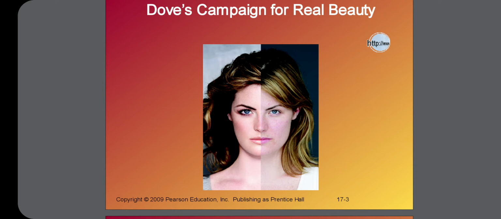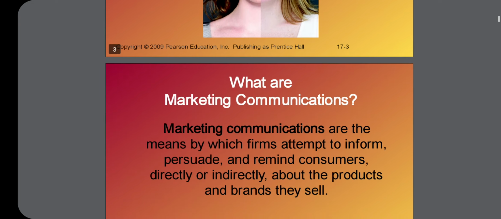That's why you are advertising your products, so that if they understood your message, they may purchase the product that you are selling.